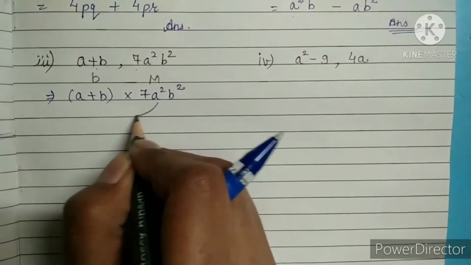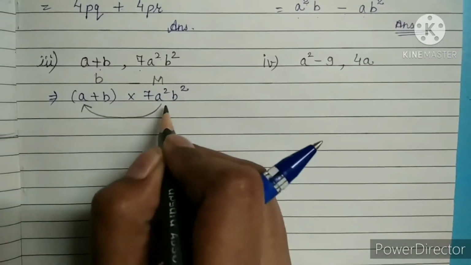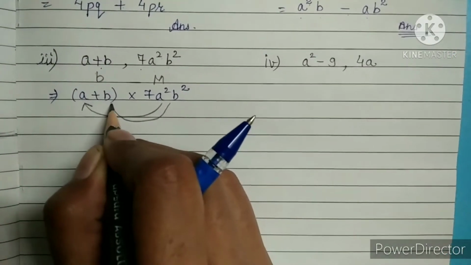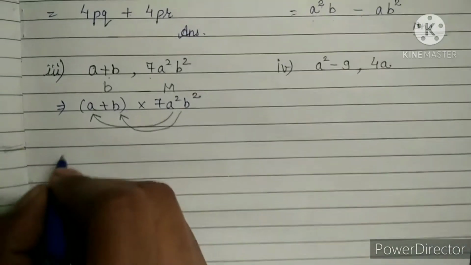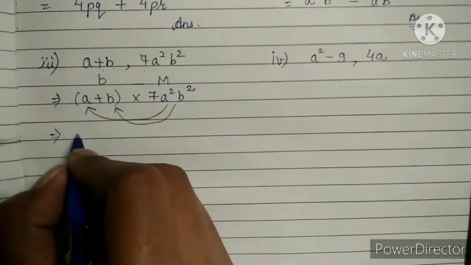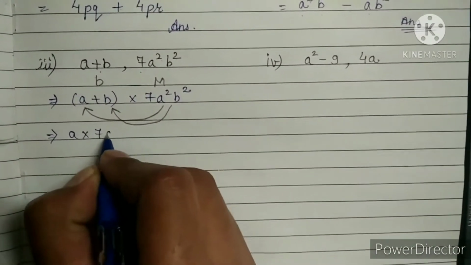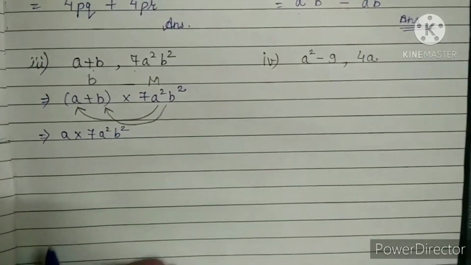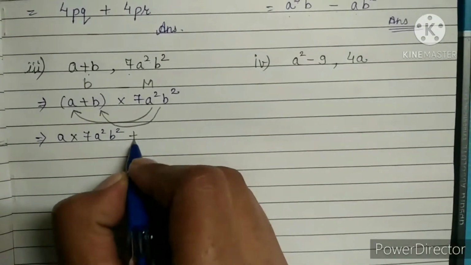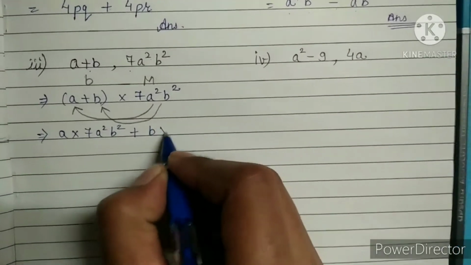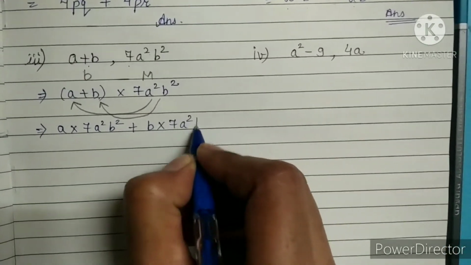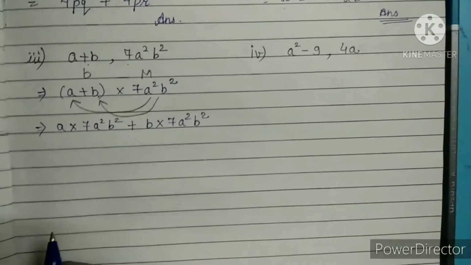So it will firstly go near to a and after that it will go near to b. So look at here, a multiplies 7a square b square, plus symbol of bracket, b multiply by 7a square b square.